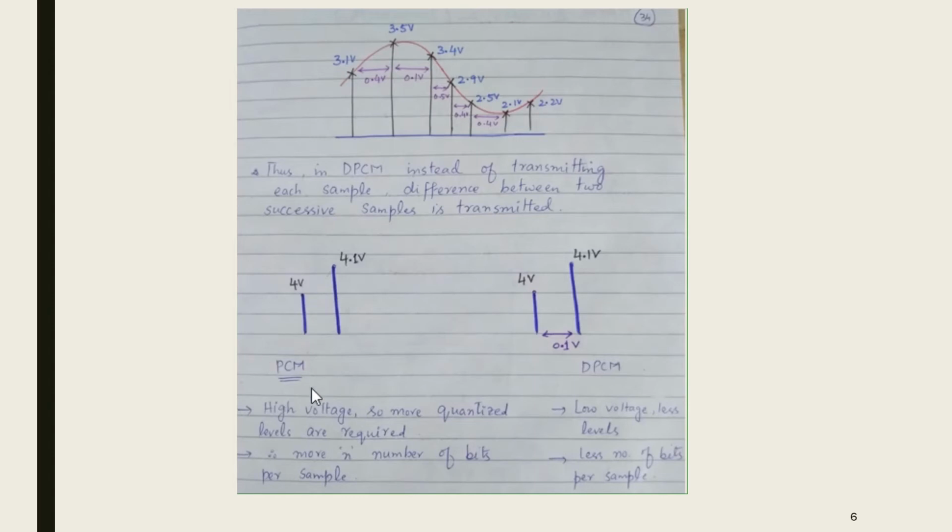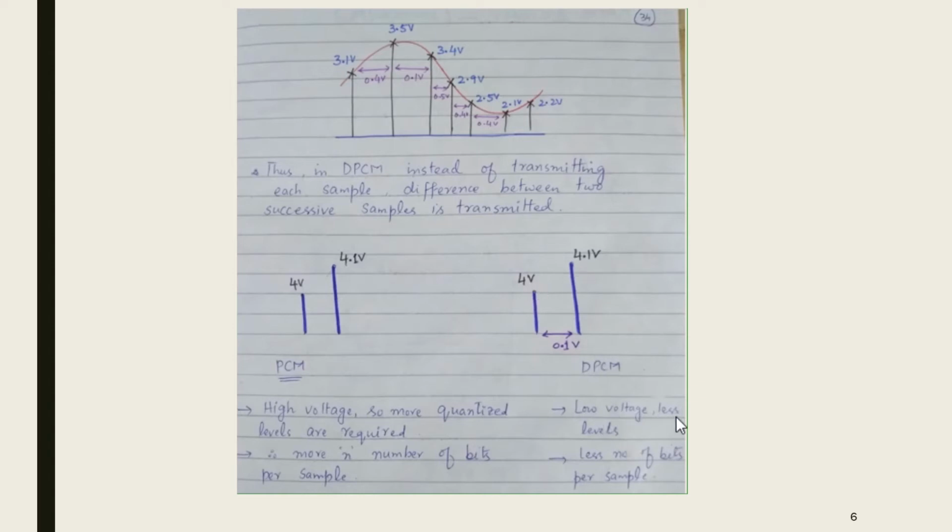This was the case with PCM. But on the other side we have DPCM, where instead of transmitting 4 volt and 4.1 volt, we will transmit 0.1 volt, which is the difference between the two samples. We know that the difference between adjacent samples will always be a small value. So it means low voltage, because 0.1 is very low as compared to 4 volt or 4.1 volt.